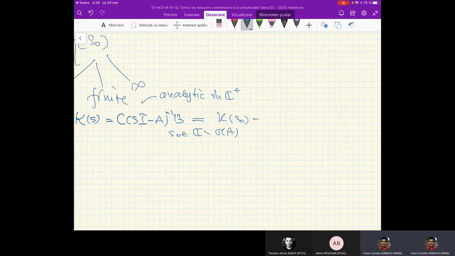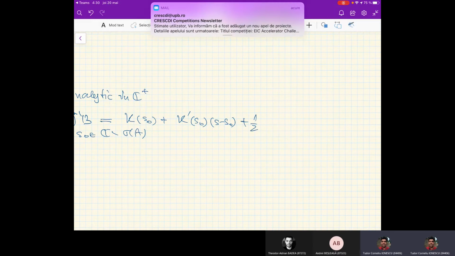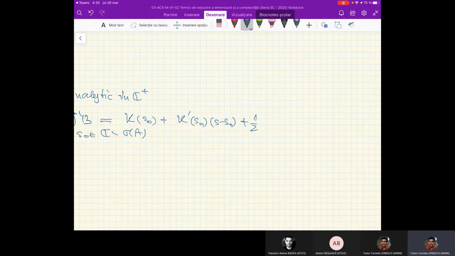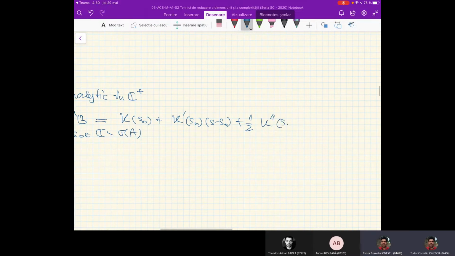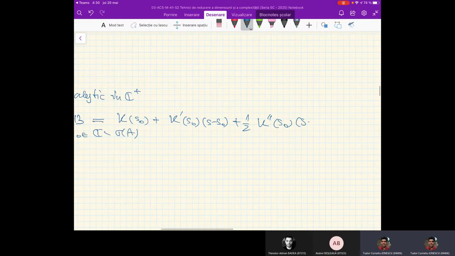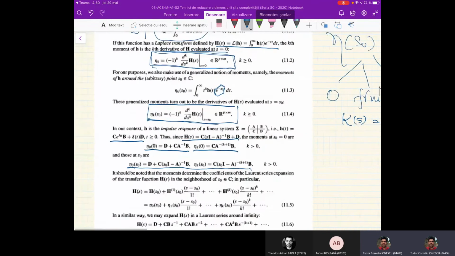So this is K(S0) plus K prime (S0)(S minus S0) plus one half K double prime (S0)(S minus S0) squared, and so on and so forth. These coefficients are actually the moments of your system.